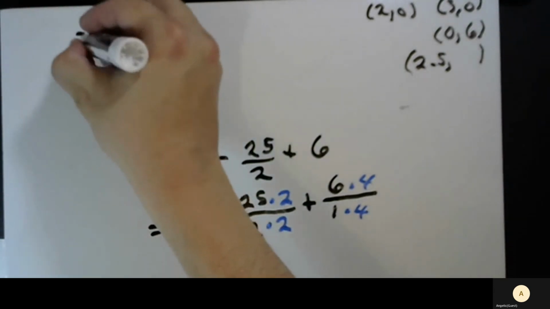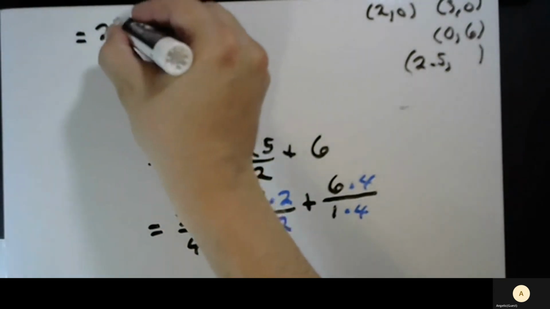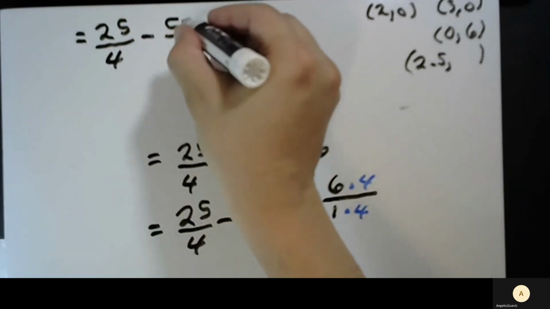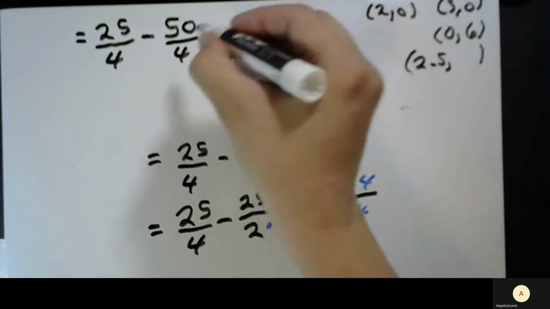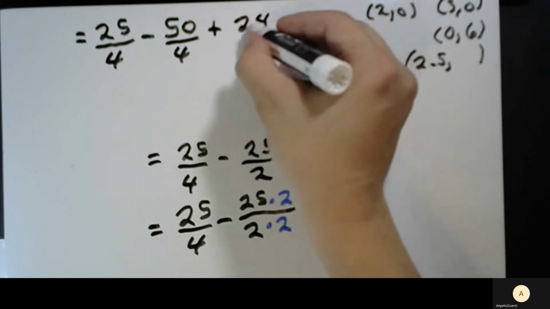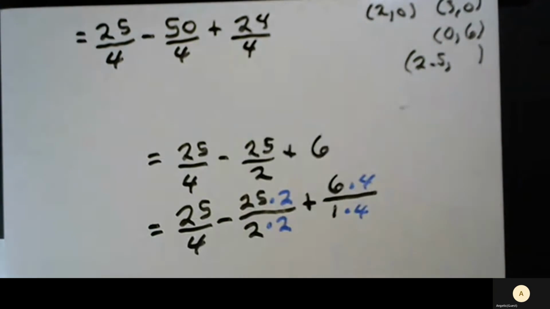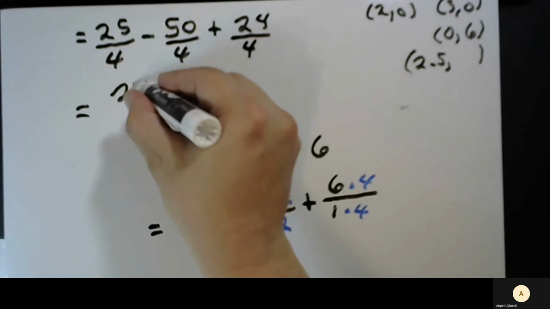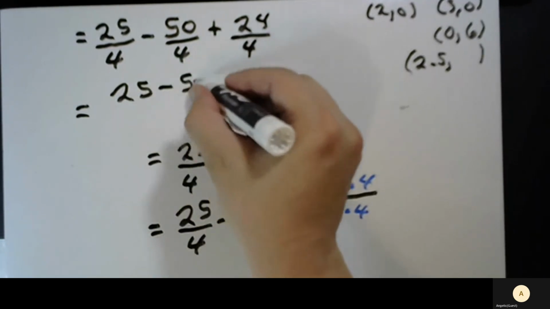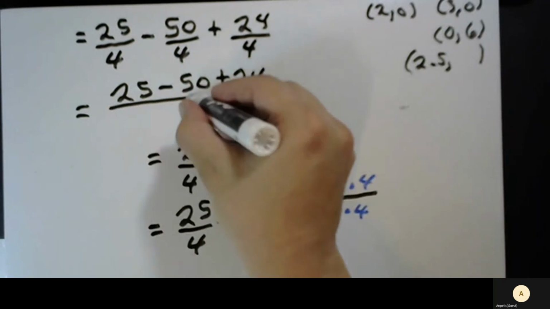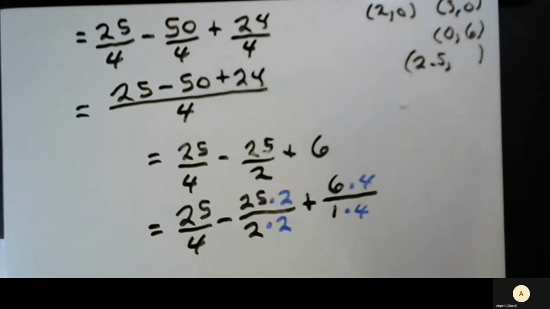So we're going to get 25/4 minus 50/4 plus 24/4. We'll get 25 minus 50 plus 24, all divided by that common denominator.